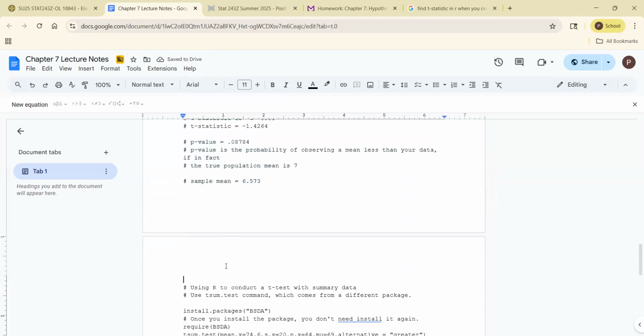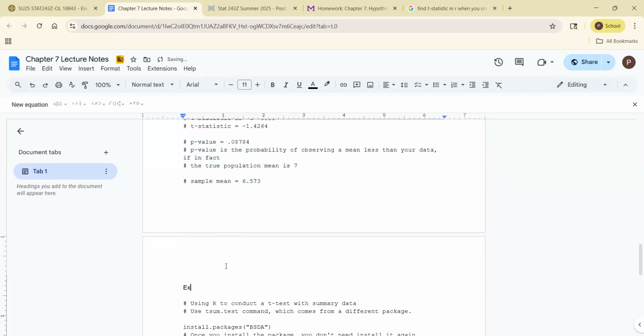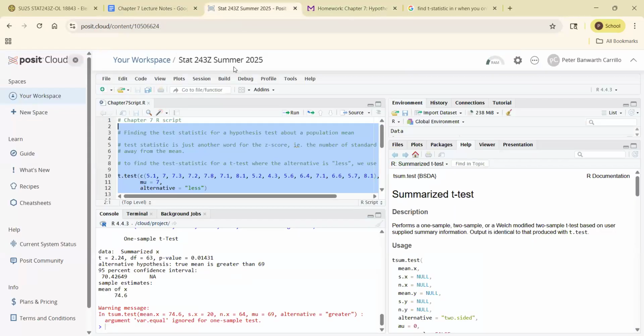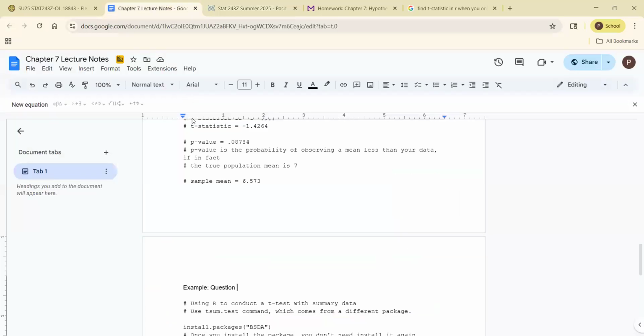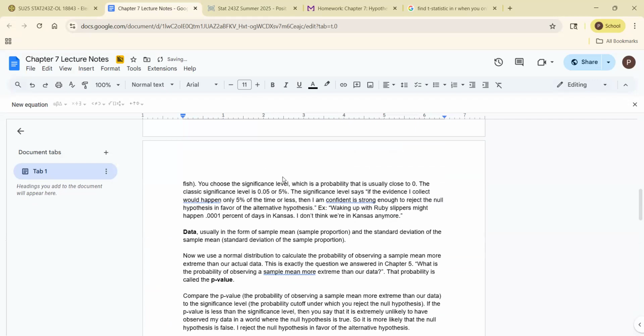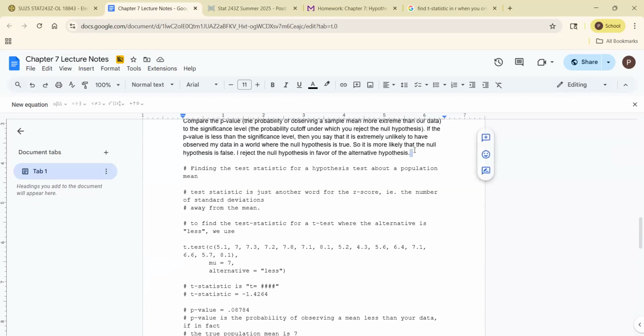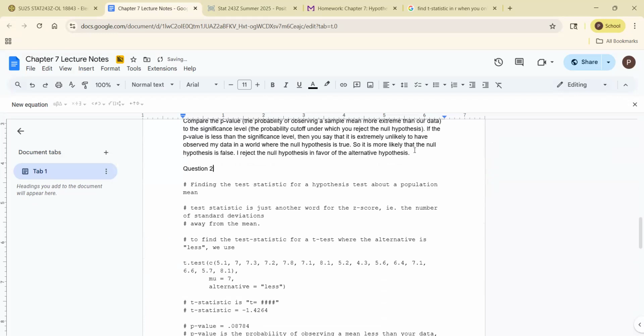New, but I need to do an example question from homework, chapter 7, part 2. And this one is question 2 from homework, chapter 7, part 2.